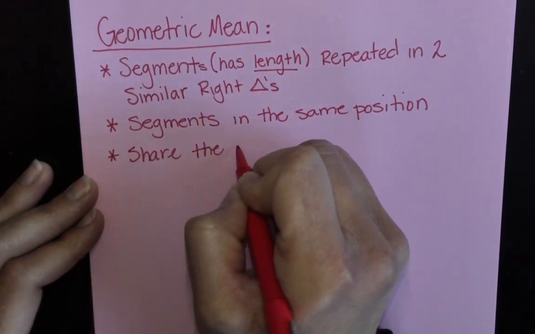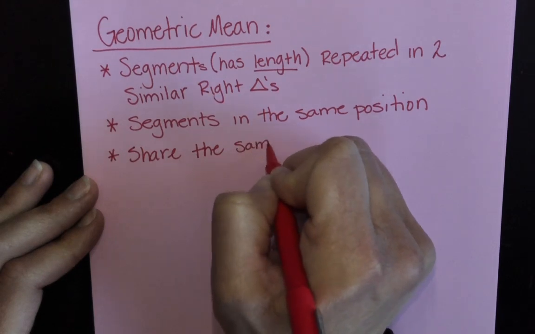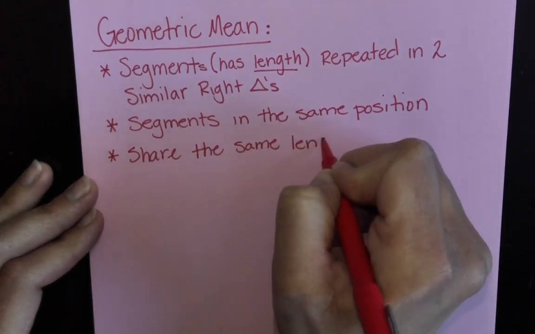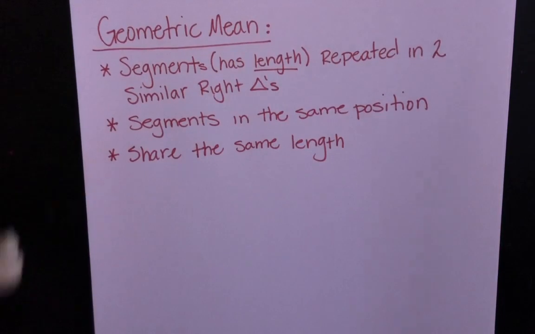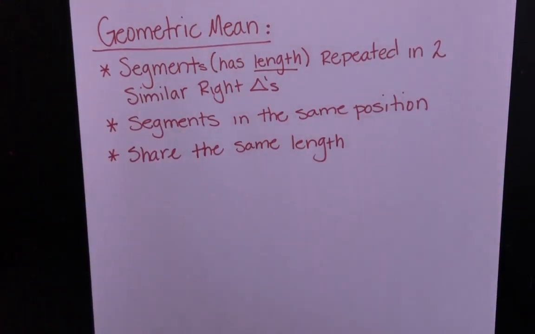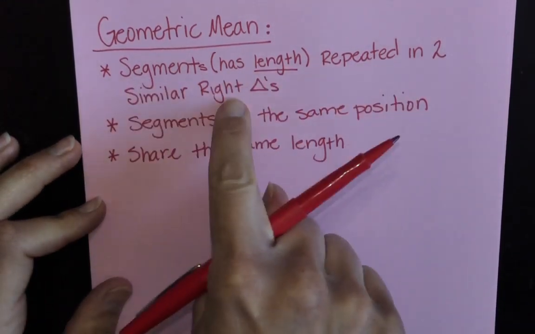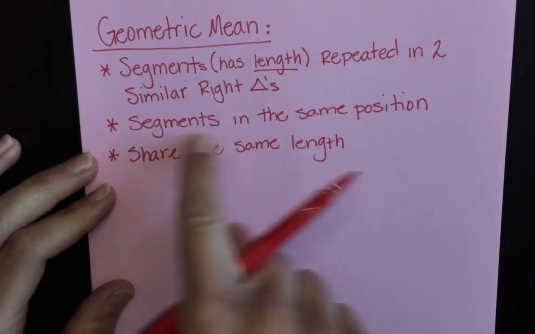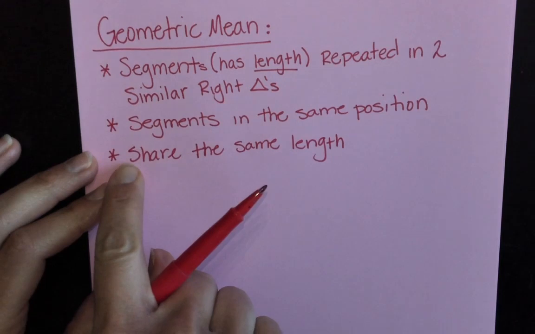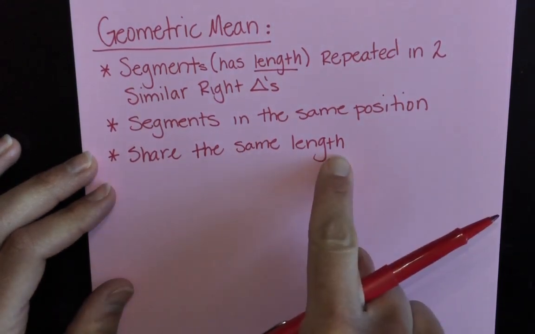They share the same length. So all of this sounds very much like reflexive. That's the difference. So there's segments that are repeated in two similar right triangles. There's segments that are in the same position. They share the same length.